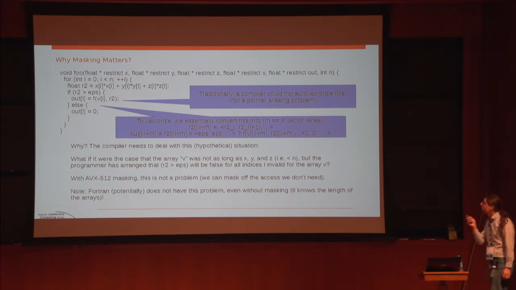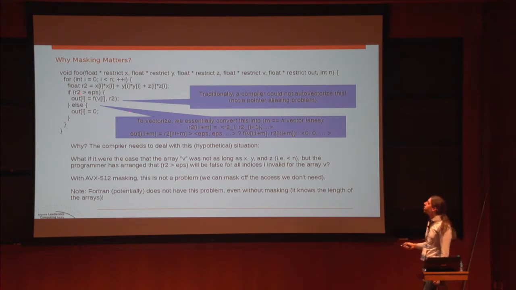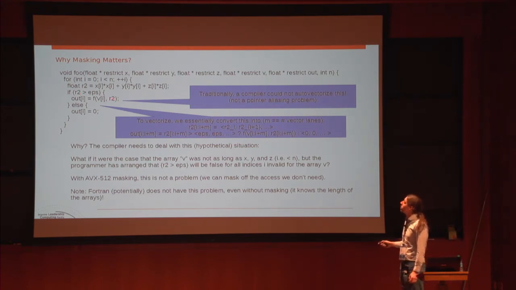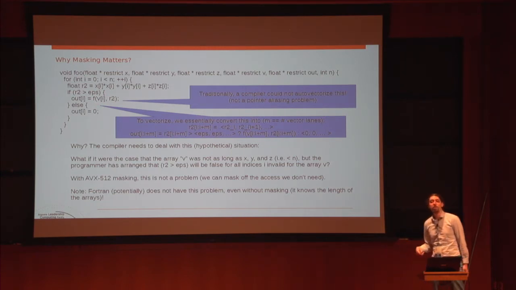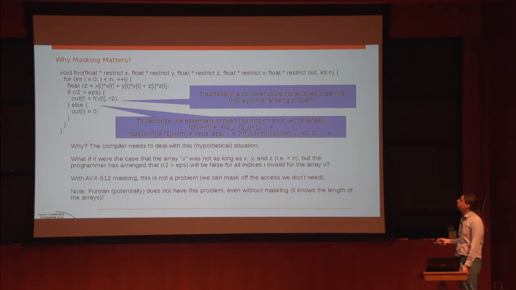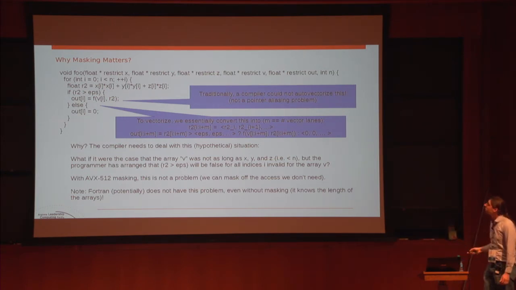The reason is that you would only conditionally dereference this v array here, and there was no way for the compiler to vectorize this and also prevent this code from segfaulting in a particular hypothetical situation, but one that the compiler had to deal with regardless.